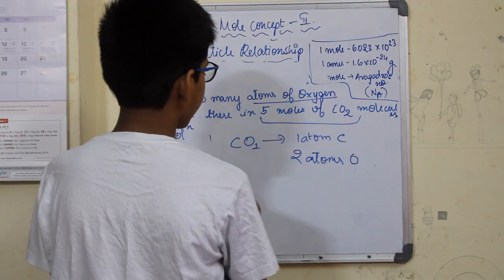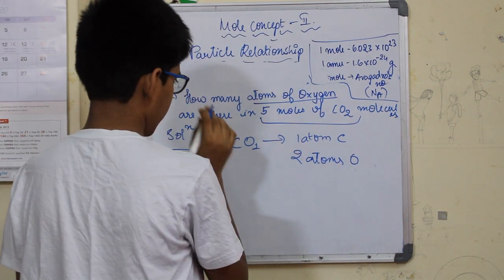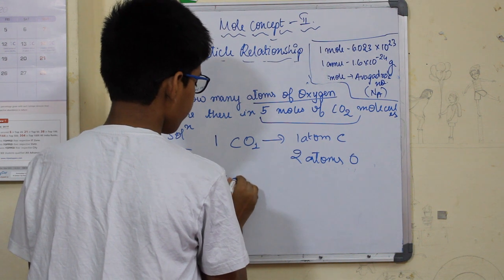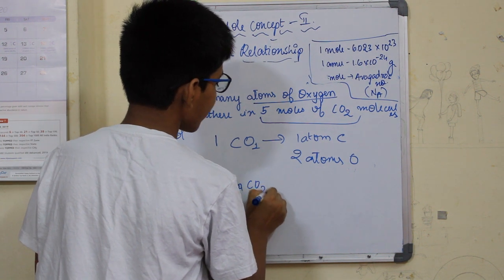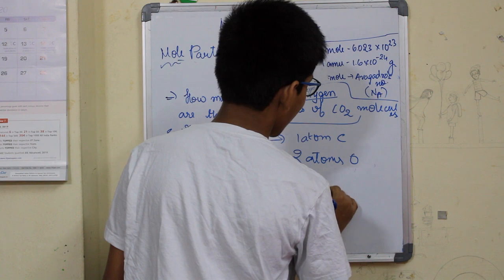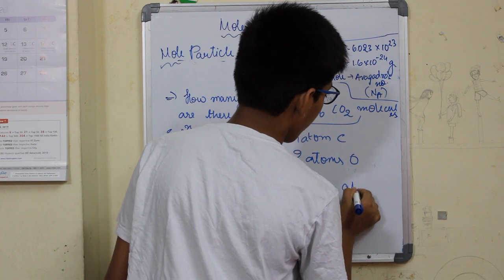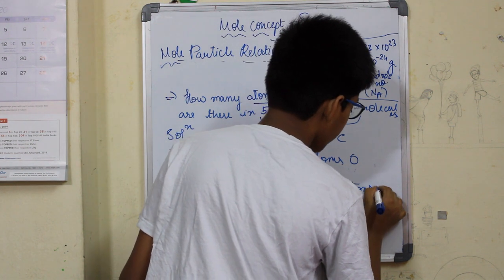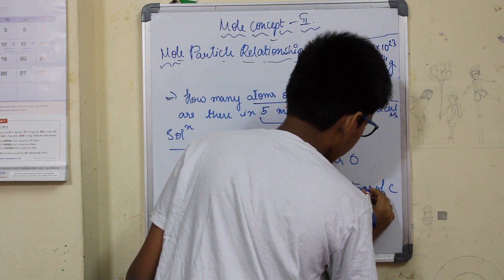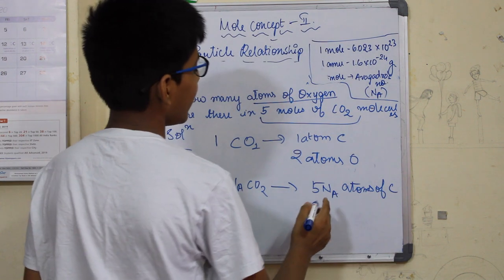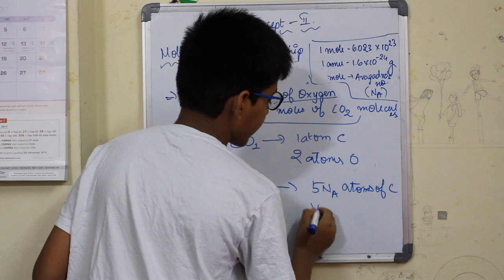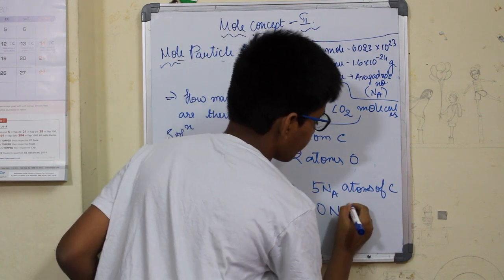This is for 1 mole. Now for 5 moles of CO2 molecules, I will have 5 NA atoms of C, and 5 twos are 10 NA atoms of O.